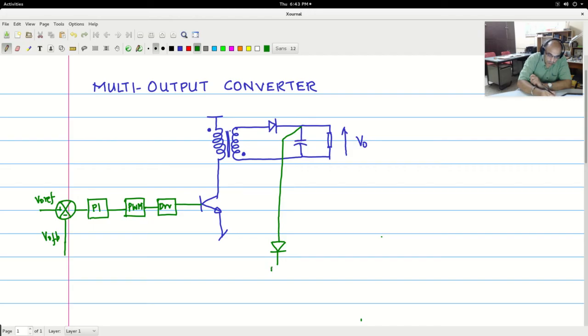Probably I could use a Zener, and I am not going to connect it to this ground. I am going to have a different circuit ground, which is this. So it now appears that there is a current flow from this output. It flows through this diode, Zener, back again. So it keeps circulating in this fashion.